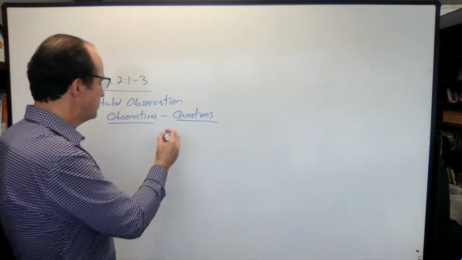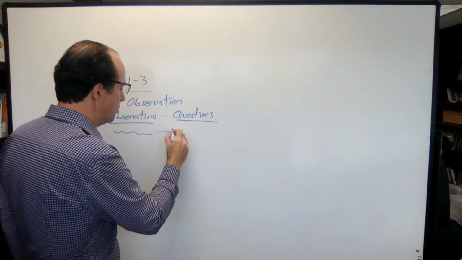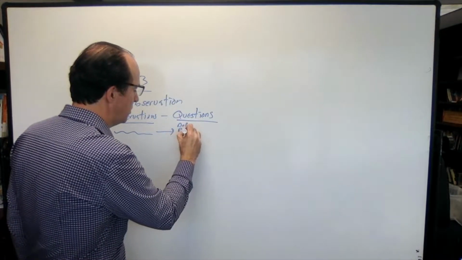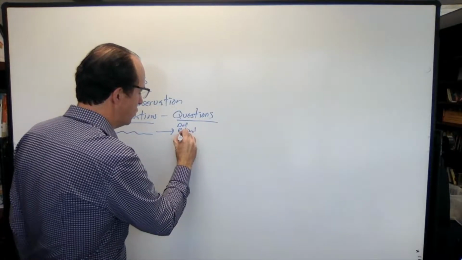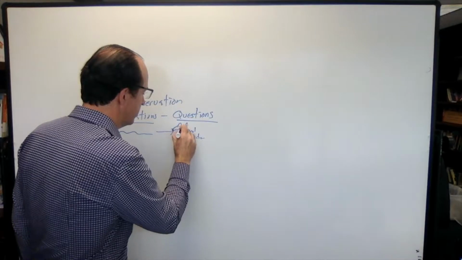For every observation you make, you generate a definitional, rational, and implicational question for each of the observations.